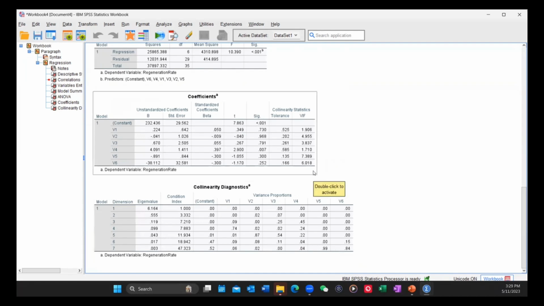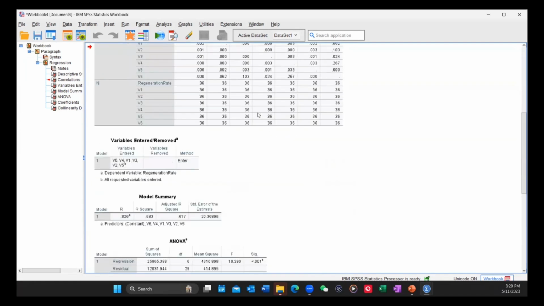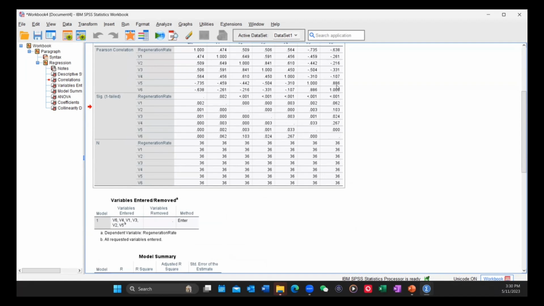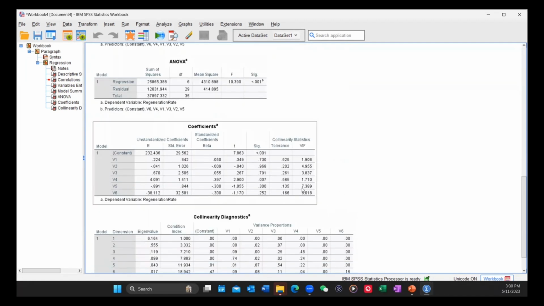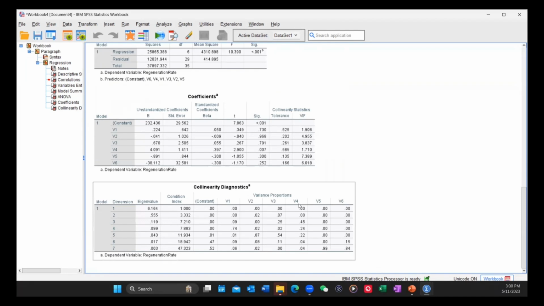So based on all this information, the VIF value and the correlation information, 0.88, VIF 7.3, the biggest for V5, and again, the variance proportion, the biggest for V5 again, we can make a decision to remove V5 from our analysis at first.